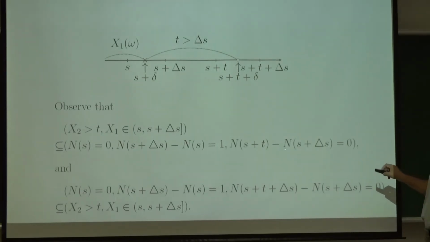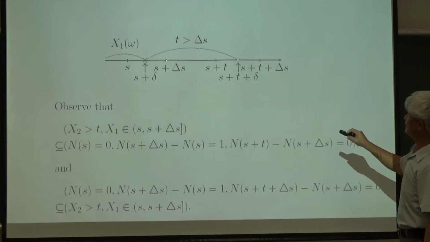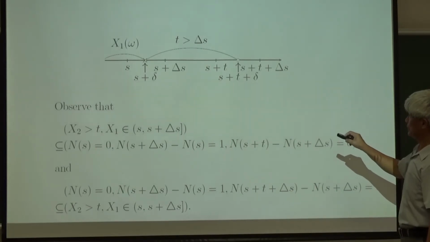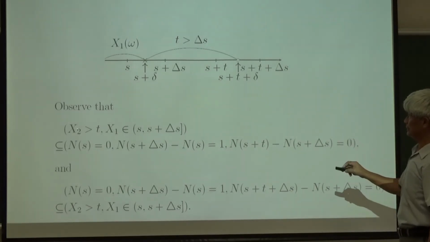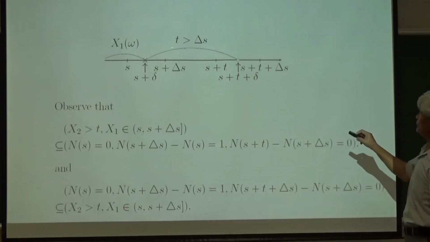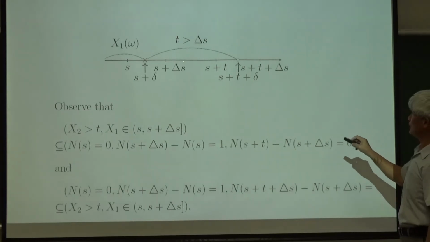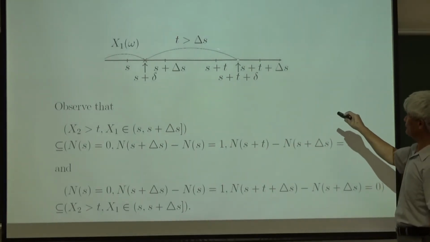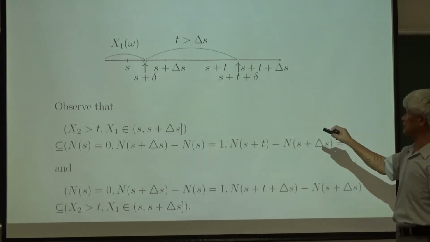Oh. Okay. Because the first arrival is here, and you are saying that the second arrival time will be greater than T. So from here up to this point, we don't have any arrival in between these intervals.